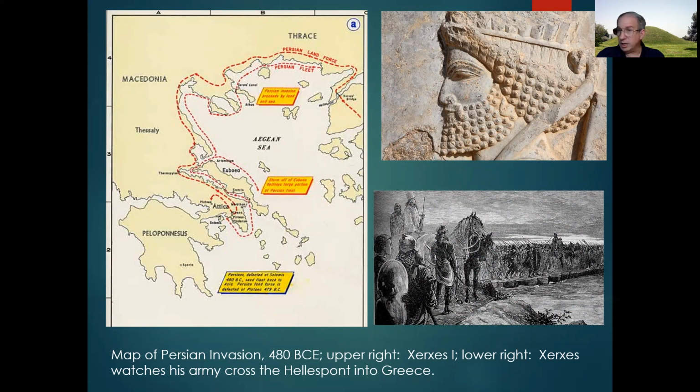So we're talking about 180,000 men making that march, supported by a fleet of 600 triremes, war galleys, supported by 3,000 smaller vessels that carried supplies and other kinds of things.